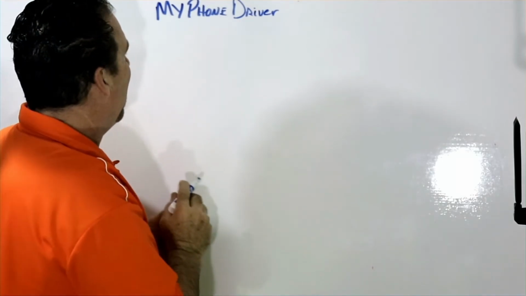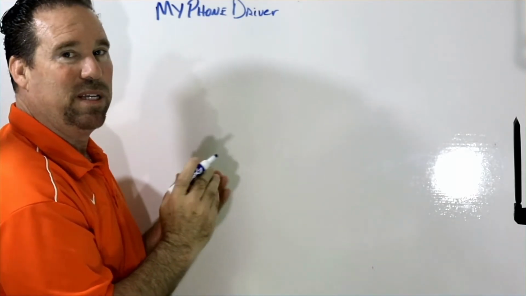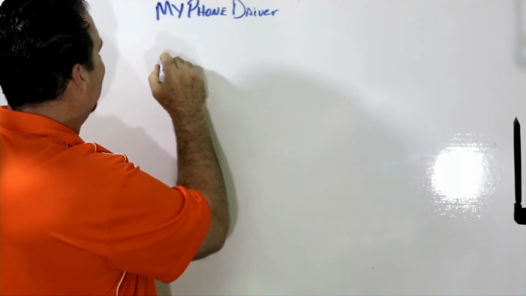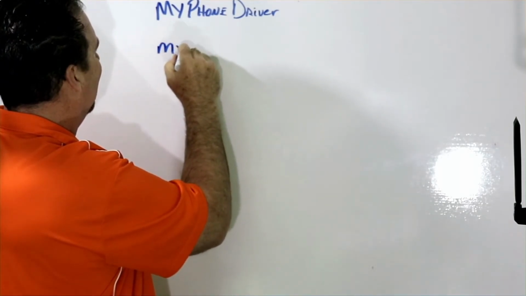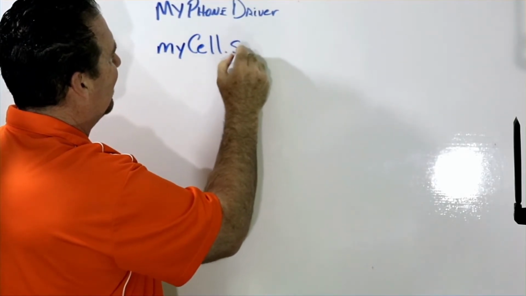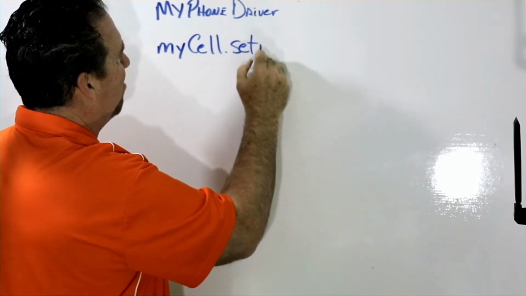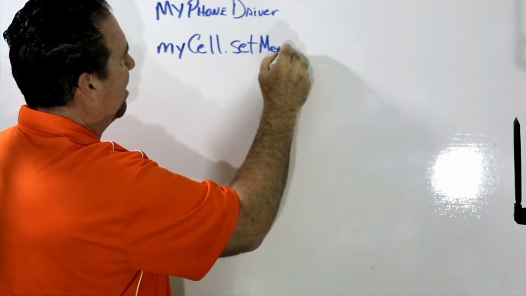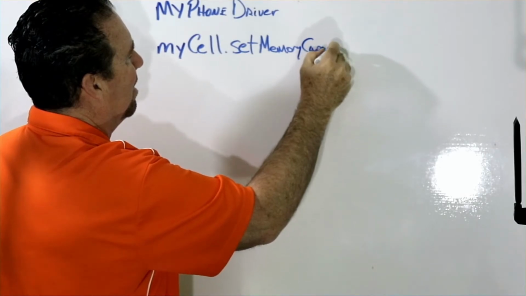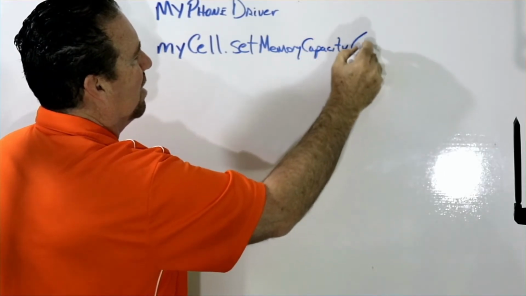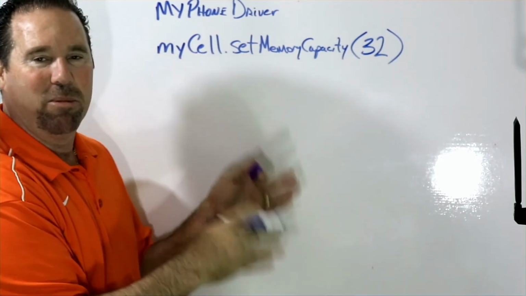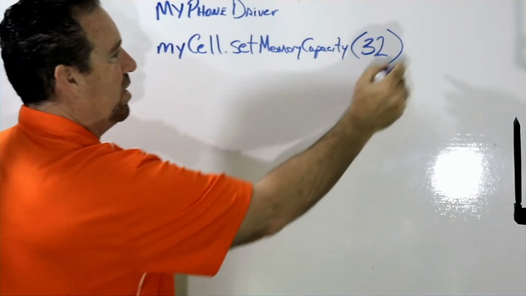Okay, and so in here we set them, and so we did something like myCell.setMemory, okay, we can just put a 32 in there. Okay, no int, no public, no private, just 32.